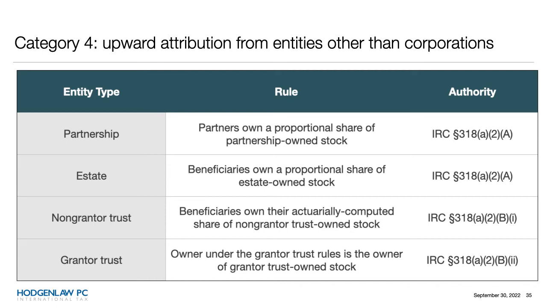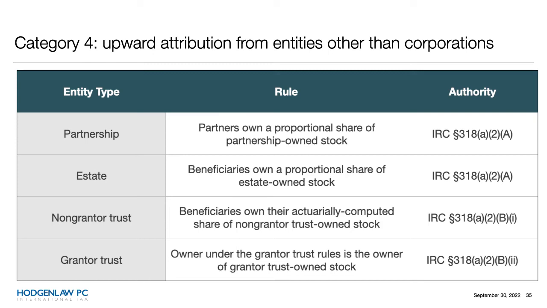And for the partnerships, estates, non-grantor trusts, and grantor trusts, the rules are very simple. It's the proportional ownership rule. Multiply your ownership stake in parent company by parent company's ownership stake in subsidiary, and that is your indirect ownership of the subsidiary stock for Category 4 filing purposes.